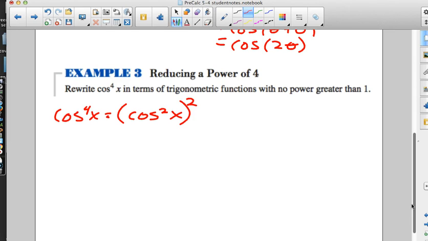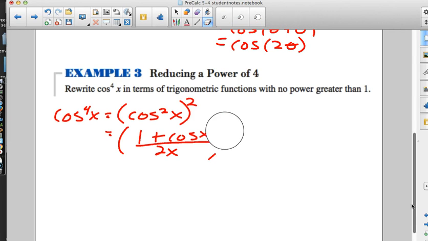All right, now we need the formula for power reducing cosine squared. That's that middle one up there. 1 plus cosine 2u over 2. We're substituting the formula from up at the top of the page. 1 plus cosine, oops, I forgot a 2 there, 2x over 2.